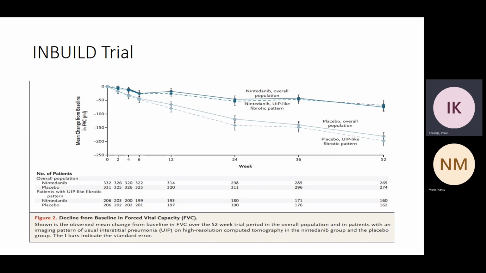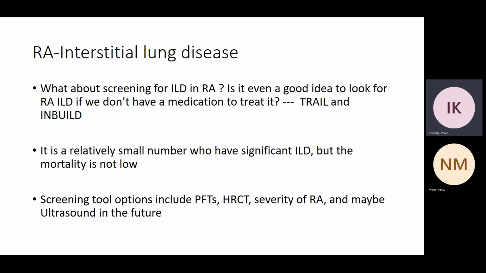This indication was started to be used in 2019. So we don't have long-term data, but the short-term data clearly shows all-cause mortality also drops with nintedanib. So people are placed on nintedanib for that reason, due to the INBUILD trial.